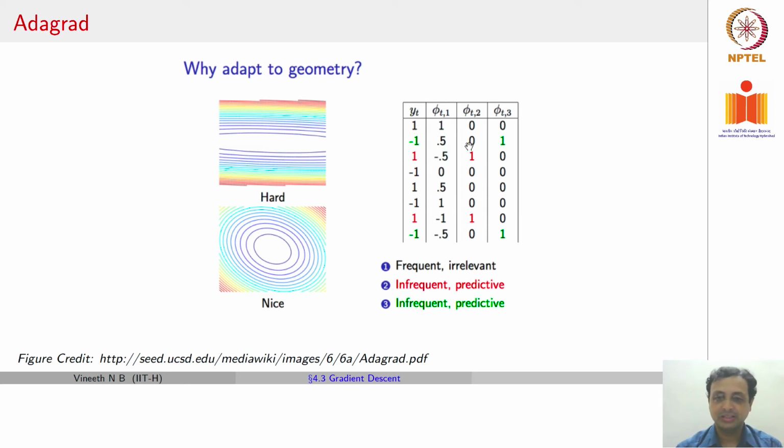So if you see this example here, which denotes, let's assume, the gradient and the corresponding y value, if you look at one of these, let's look at the black, frequent and irrelevant, which simply states that all those values keep changing regularly, but they don't seem to be connected to the class output.